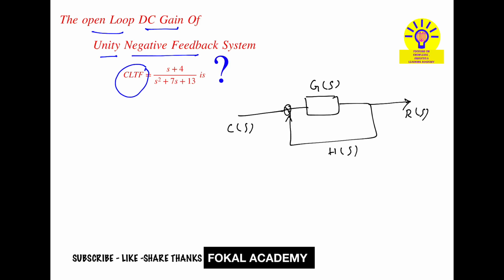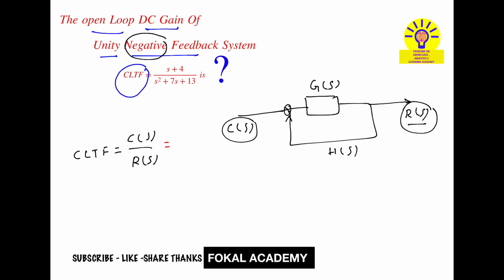So according to this, the closed loop transfer function is equal to output by input. Output is also called the response, that is C(s) by R(s). For a negative feedback system, the transfer function is G(s) by 1 plus G(s) into H(s). So this is called the transfer function.